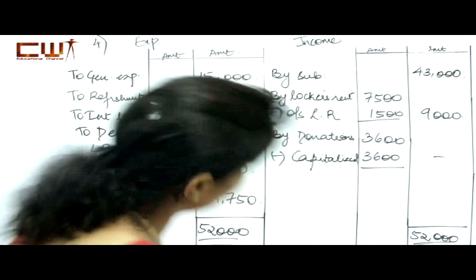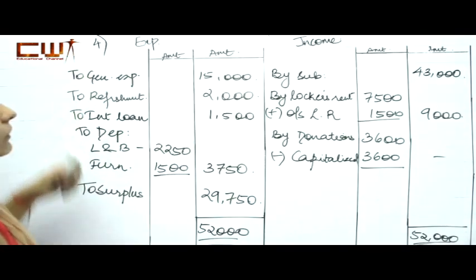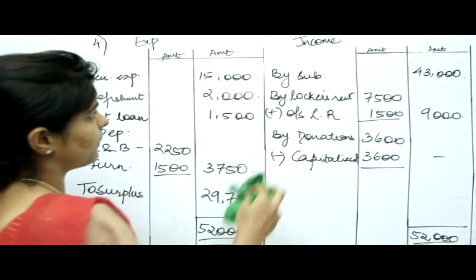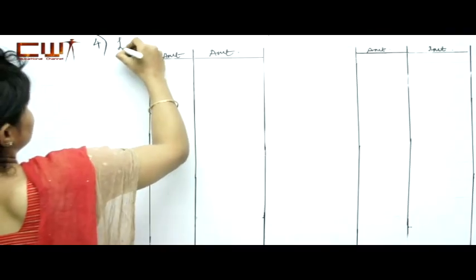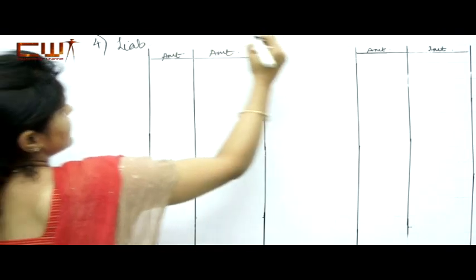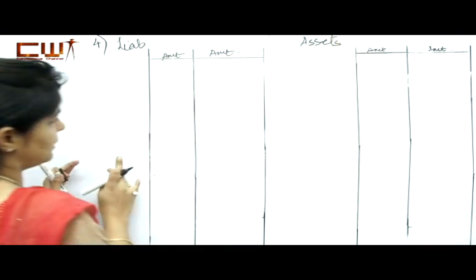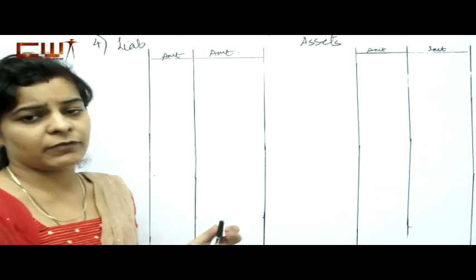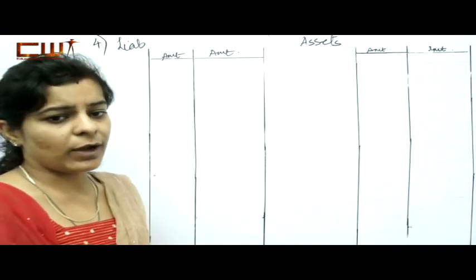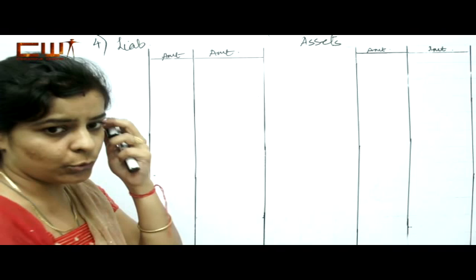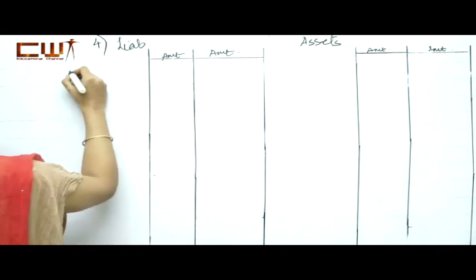Then for the same question, you have the balance sheet that needs to be prepared. You will have the liability side and then you will have the asset side. We will prepare the balance sheet now. You have the capital fund that is given to you as 50,000.